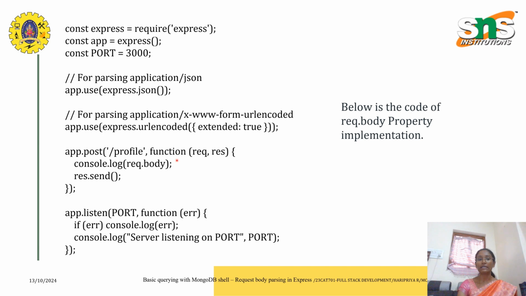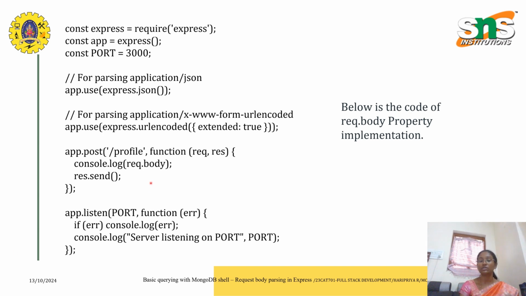After that, I'll write console.log. Console.log is used when you have to print the data, whichever request you give through the code. It is like a print line function. So console.log I'll give the request body, whichever request I send to my database.